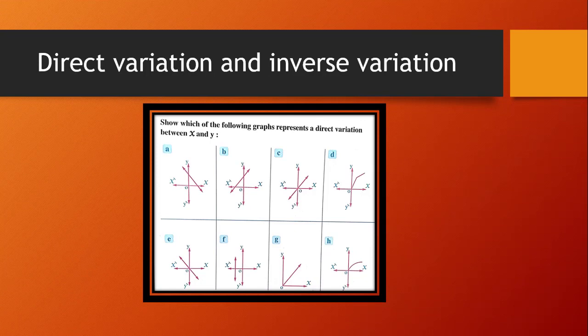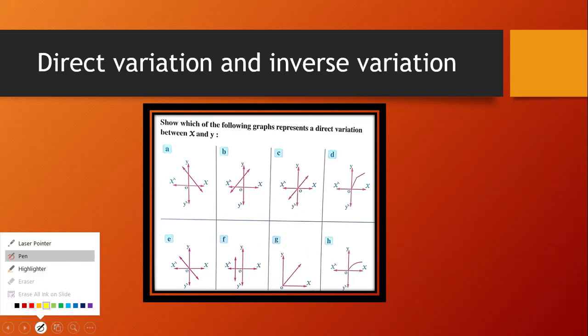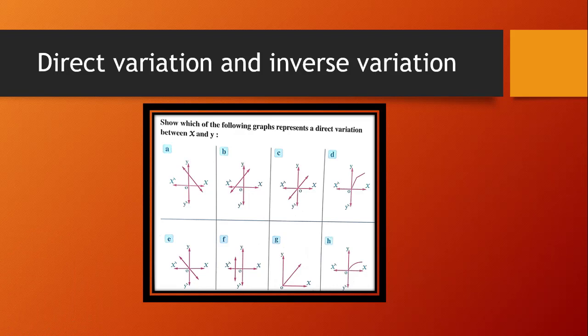Here, for example, show which of the following graphs represent a direct variation between x and y. Look at the first one. We have a straight line, but this straight line doesn't pass through the origin point. So A doesn't represent a direct variation between x and y.